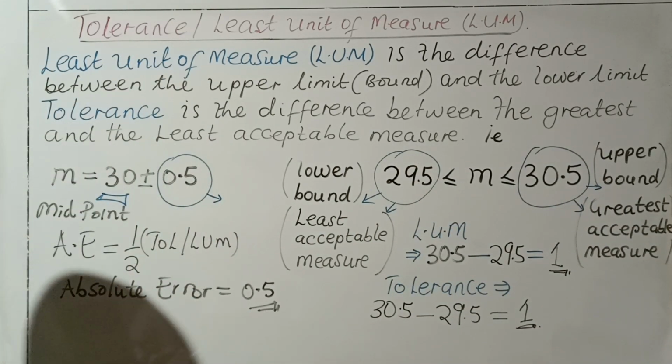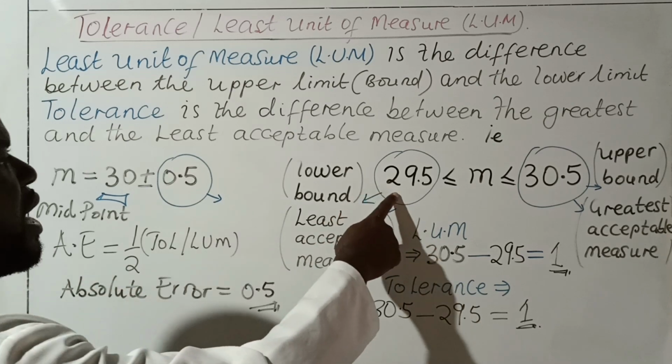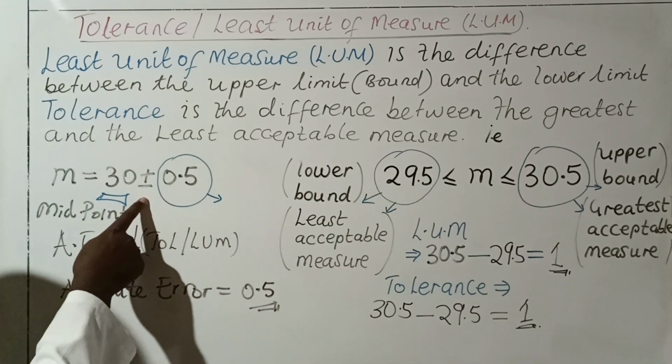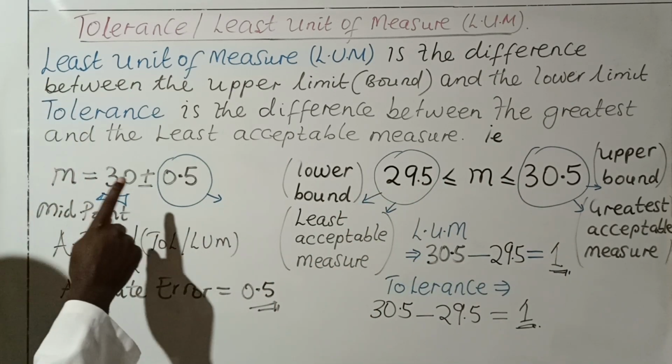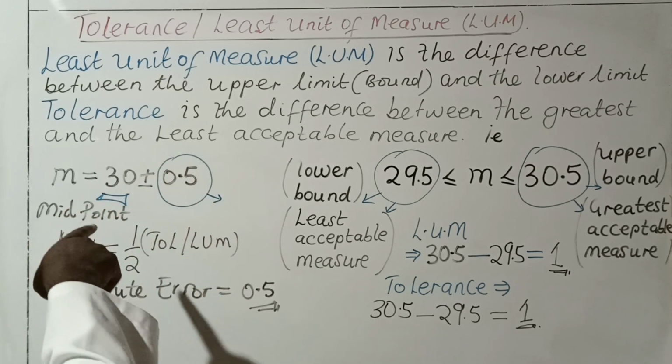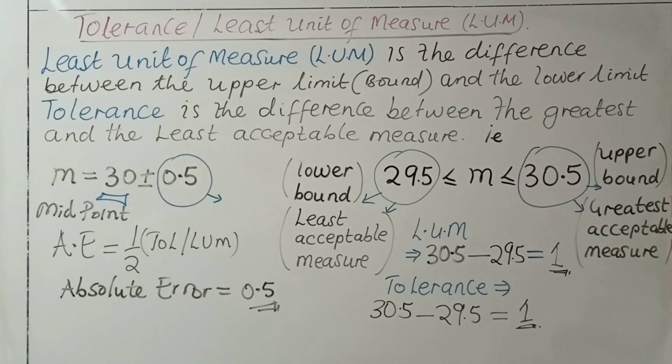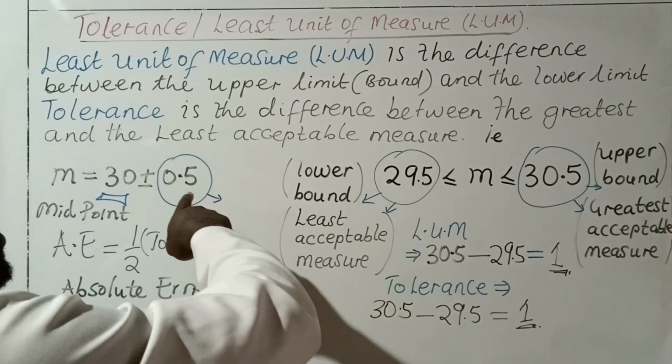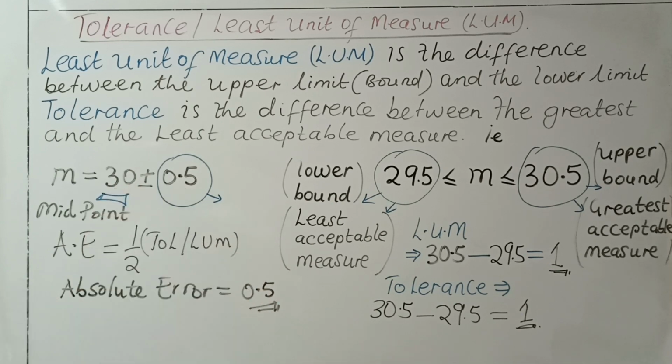We are also able to get the lower and the upper limit from this information. We can get the lower limit by subtracting the absolute error from the midpoint, and the upper limit by adding the absolute error to the midpoint. So basically that is the connection between the tolerance or the least unit of measure and the absolute error.